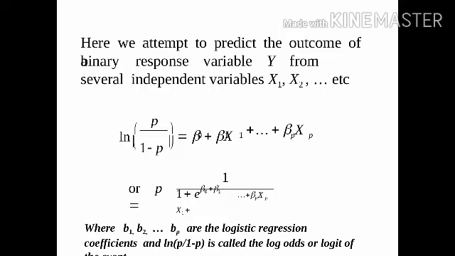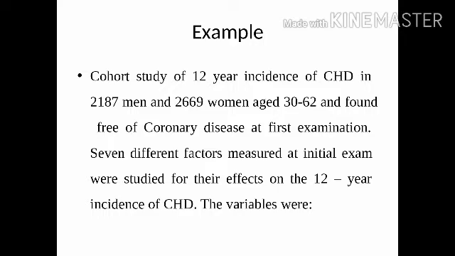That we can also rewrite in the form of p equal to 1 divided by 1 plus exponential of minus (beta naught plus beta 1 x1 plus etc. plus beta p xp), where beta naught, beta 1, etc. to beta p are the logistic regression coefficients, and log of p divided by 1 minus p is called the log odds or logit of the event.